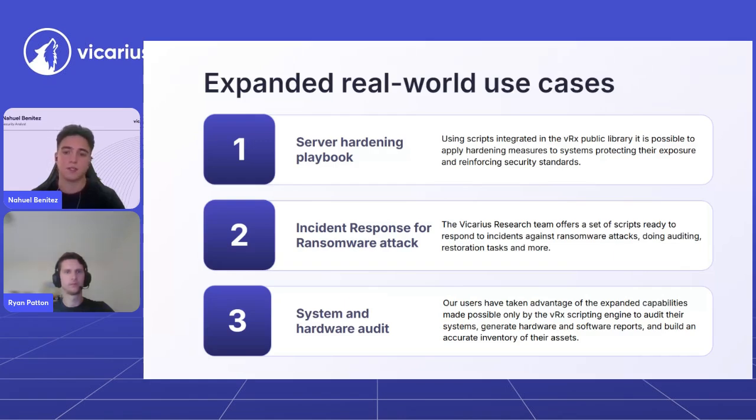So server hardening is one of the ways that we have a lot of scripts right now on the scripting engine, on the scripting public library. If you go and access, you will see that we have hardening for Windows Server, hardening for Linux.